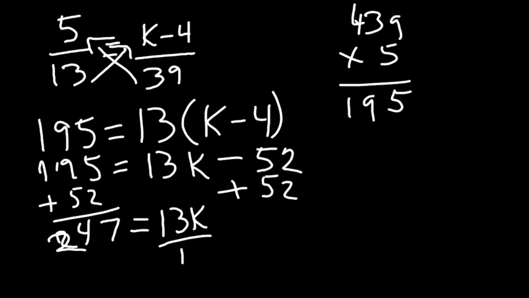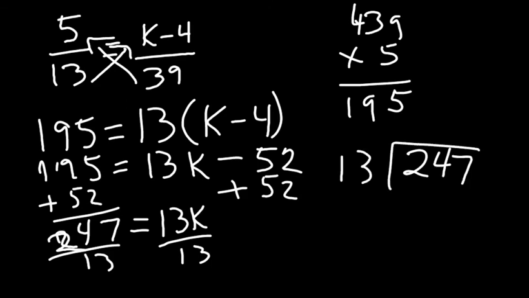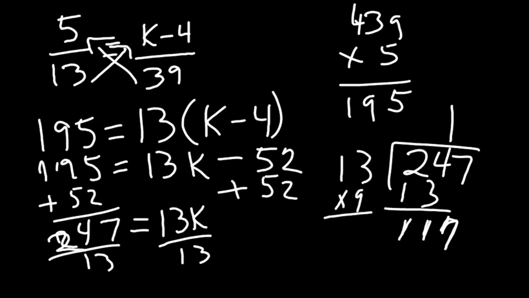Divide by 13. Divide by 13. I have no idea what 247 divided by 13 is, so I'll divide. 1 goes in there once. That leaves 117. I'm going to try 9 because 3 times 9 is 27, so maybe it'll work out. That's 27. Yeah, that's it. 19. So k equals 19.